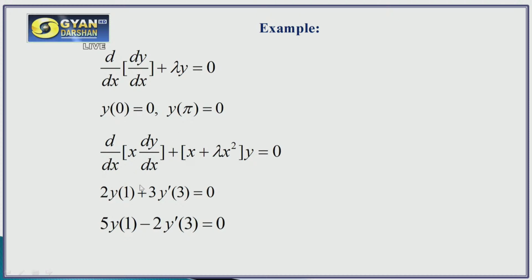This is another equation with a mixed boundary condition, where this is your p(x), this is your q(x), and this x squared is your r(x). Now we are going to solve this boundary value problem. All these equations are basically self-adjoint equations, which you can find under Sturm theory.